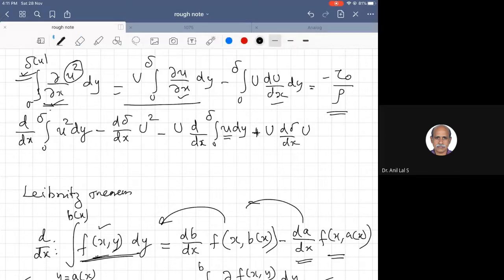Now that we have finished with this one, the term minus integral 0 to delta of du by dx dy is equal to minus rho dot by rho. I will copy this.